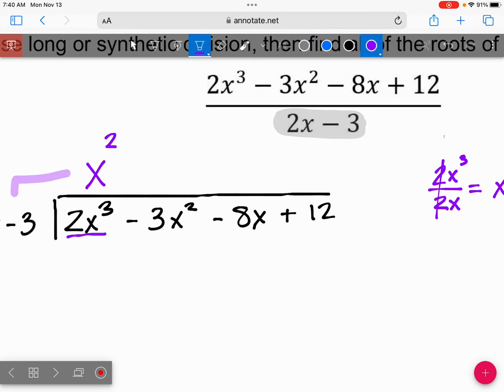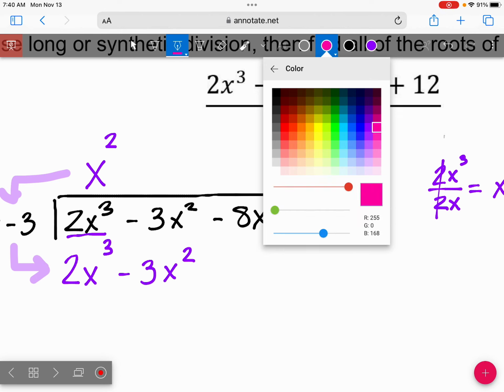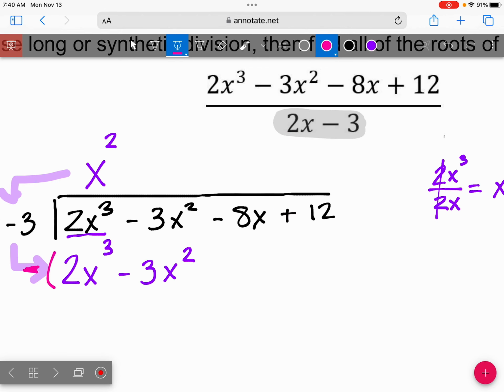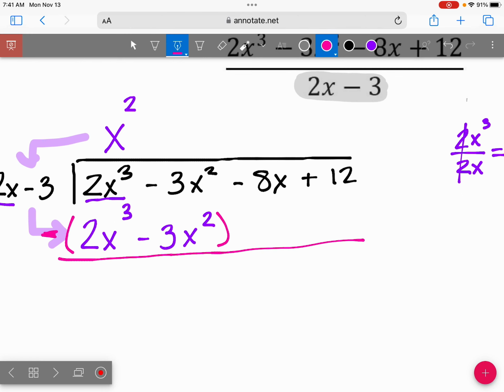We take that x squared times the whole factor and write it under here. So 2x times x squared gives us 2x cubed. And minus 3 times x squared gives us minus 3x squared. And then we're going to subtract the whole row. 2x cubed minus 2x cubed gives us 0x cubed, is what we were hoping for.